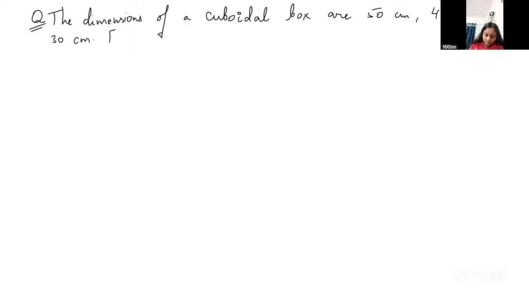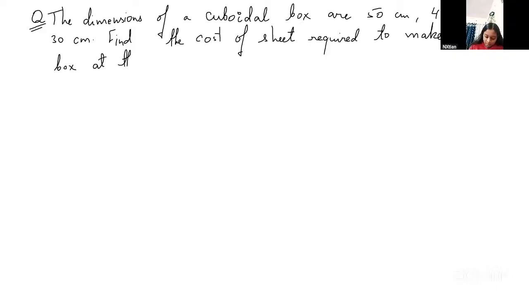Find the cost of sheet required to make this box at the rate of rupees 125 per square meter.